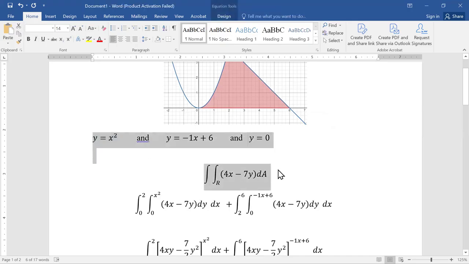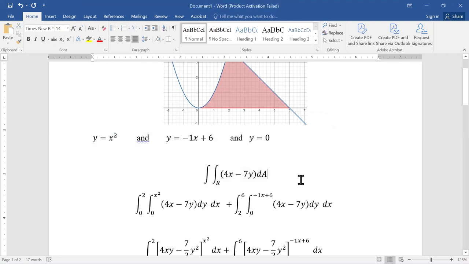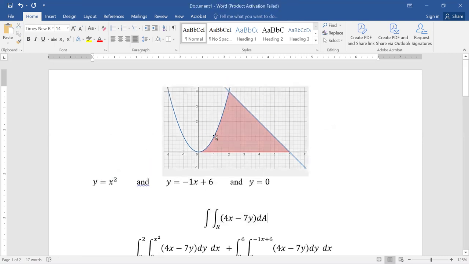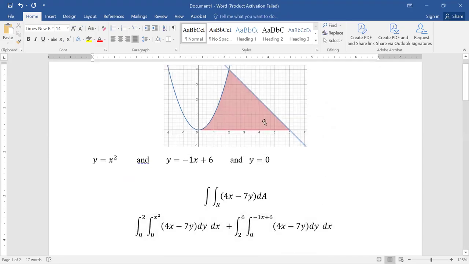Now, that's one way. I know I'm taking a minute, but I'm going to do it the other way too. I'm going to integrate first with respect to X, then with respect to Y. Well, if I'm doing this with respect to X, I can go from this curve to this curve. And then with respect to Y, I can go from 0 to 4.